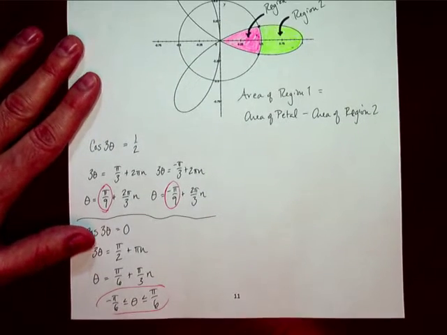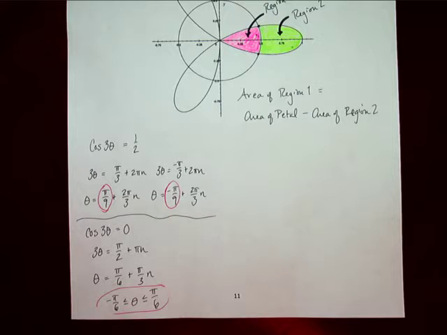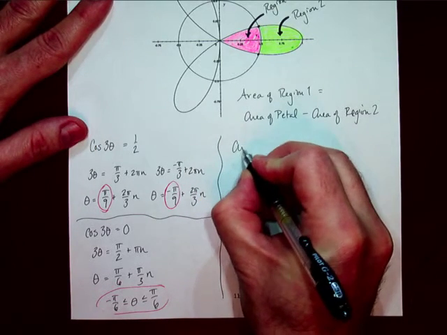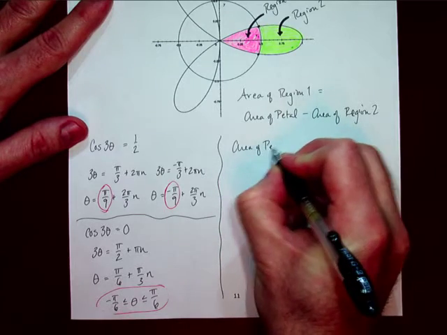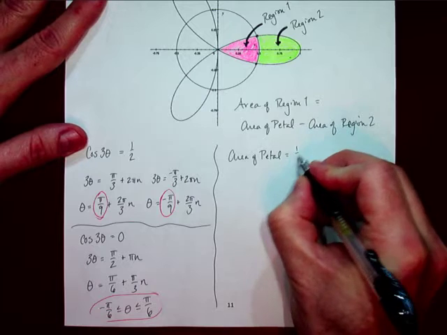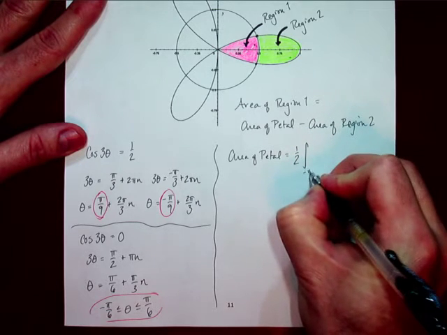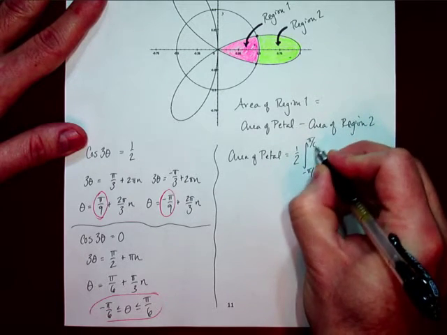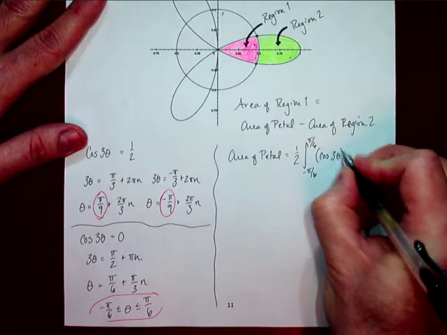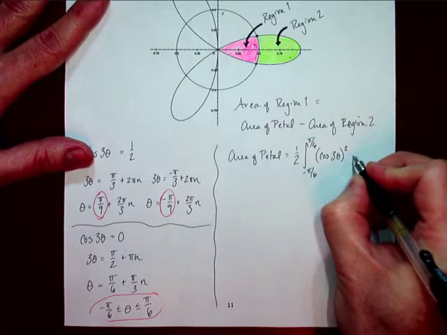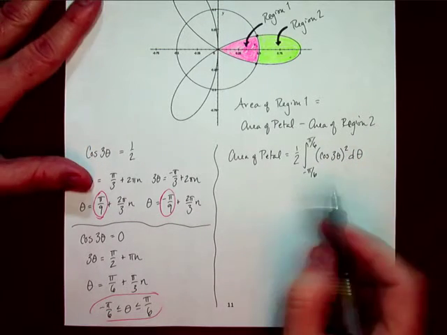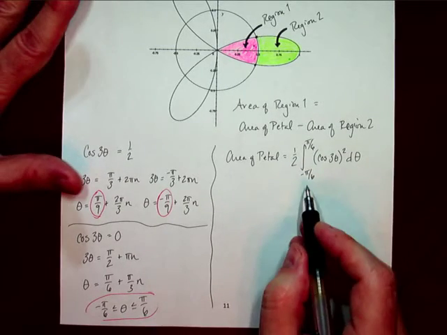Now, let's go ahead and let's do just the area. Okay, let's do the area of the petal. The area of the petal, if we use our formula, is 1/2 integral from negative pi over 6 to pi over 6 of cosine 3 theta squared d theta. Now, we don't really have to do anything with that right now.